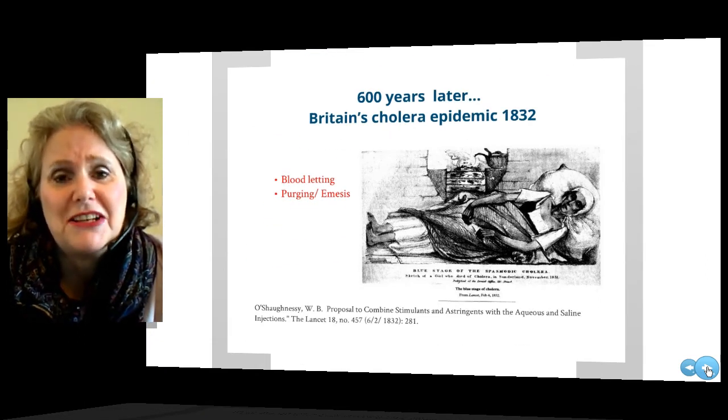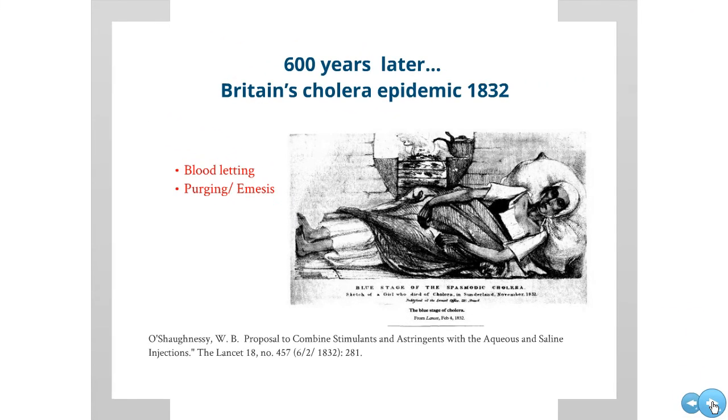Unfortunately, nothing much changed for the 600 years after Moses because it was the Dark Ages. And by the time that the cholera epidemic of 1832 rolled around, raging through Europe into Britain and then on to the Americas, the treatments of choice for cholera were still bloodletting, literally draining blood from patients in an effort to relieve whatever it was that was supposed to be running through their veins, and alternatively, or sometimes in combination with making them vomit.